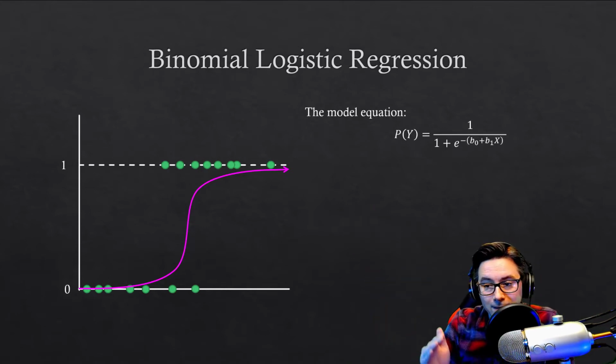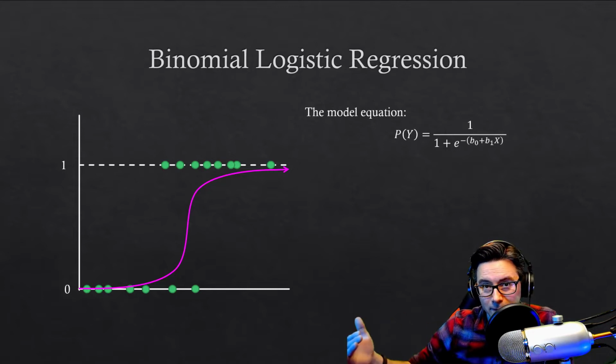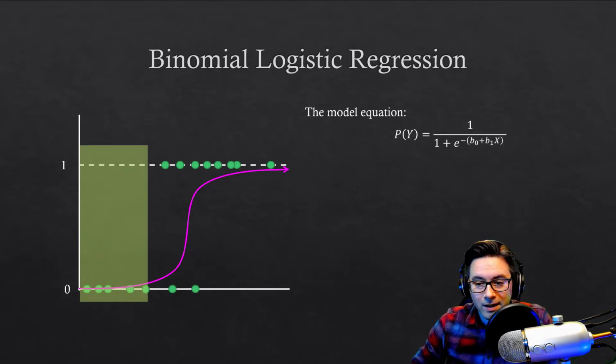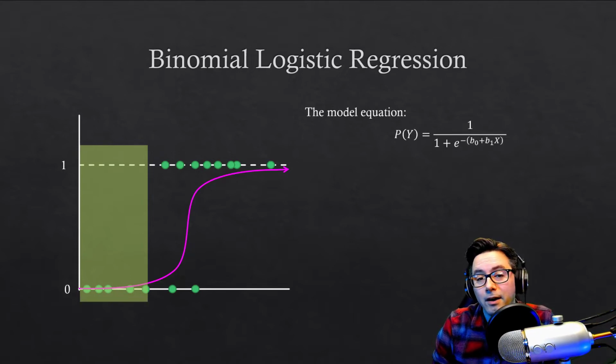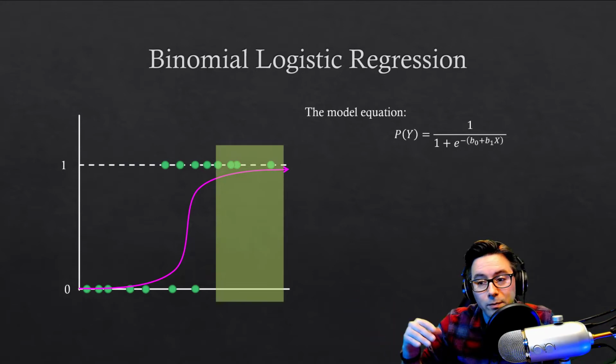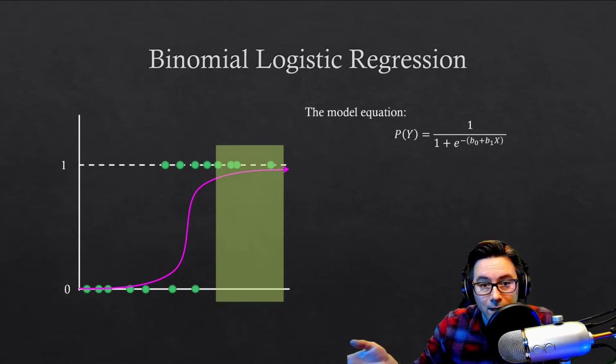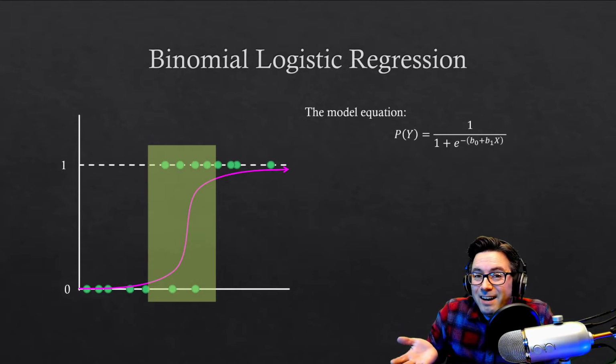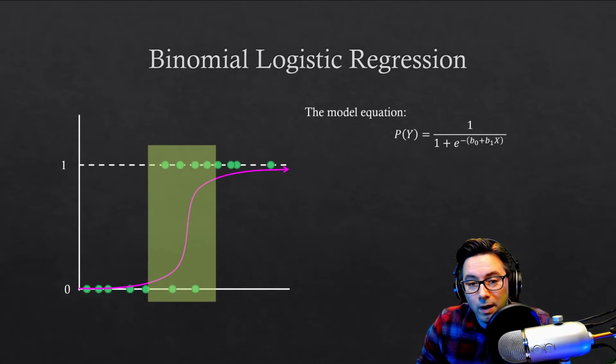And we're trying to fit this S-shaped curve to figure out the probability that something's happening, right? So think about it this way. This area right here is probably not going to happen, because it's 0. Whereas the area over here and beyond would probably happen. Whereas the area right here, I don't know, it could be either one.